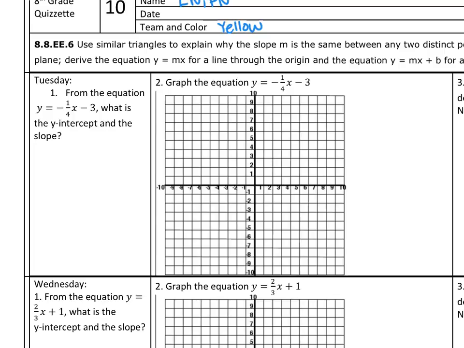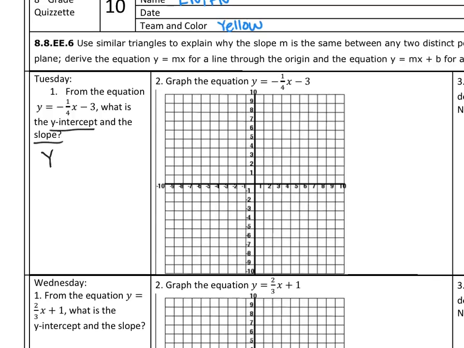So number 1, it says, from the equation y equals negative 1/4 x minus 3, what is the y-intercept and what is the slope? Make sure you write this down. The slope-intercept form is y equals mx plus b. M is your slope, b is your y-intercept.